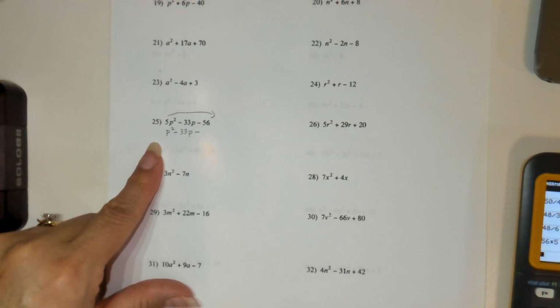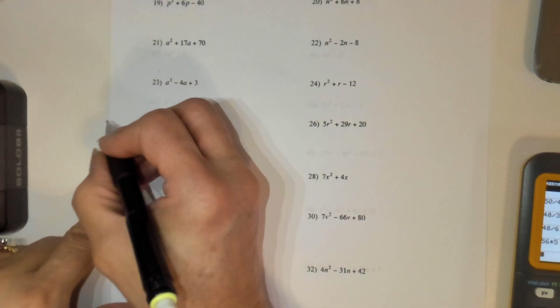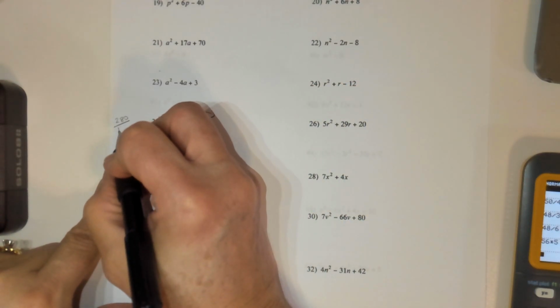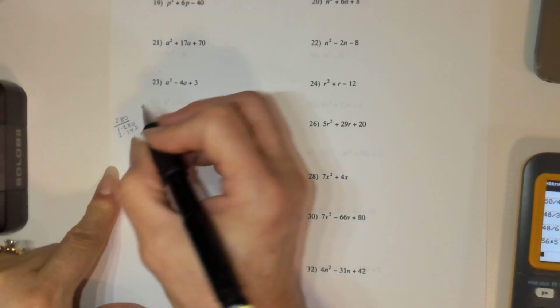56 times 5 is 280. And if I think about the number 280, I've got 1 times 280, 2 times 140.